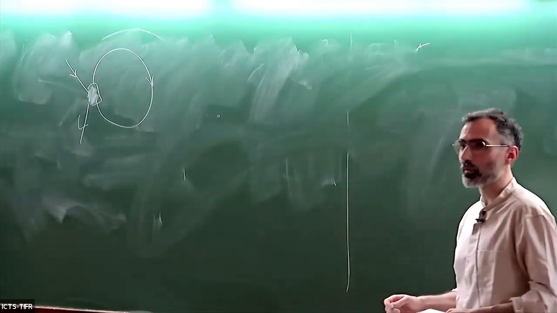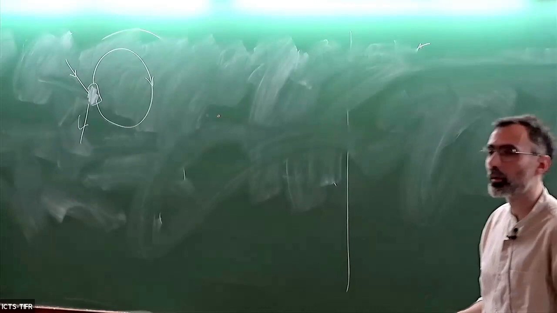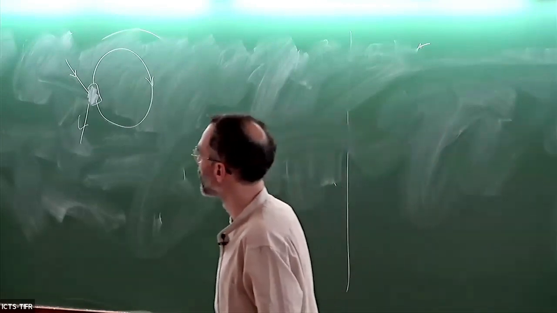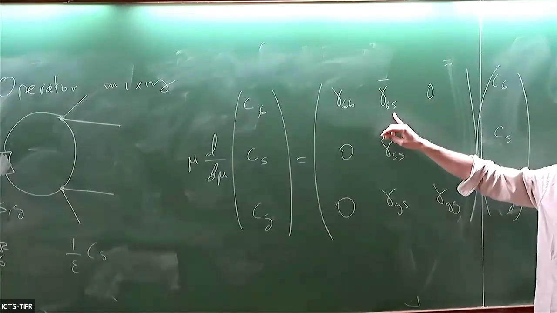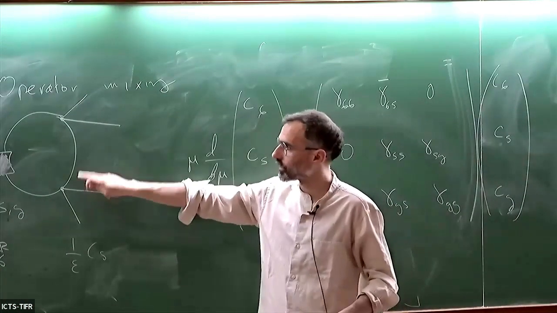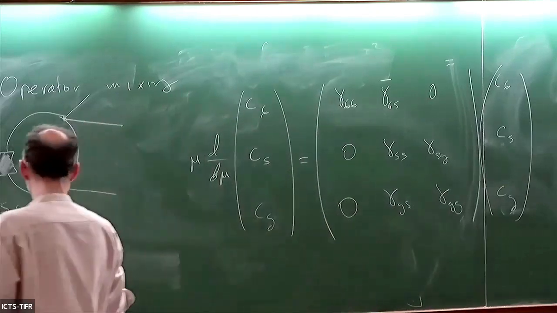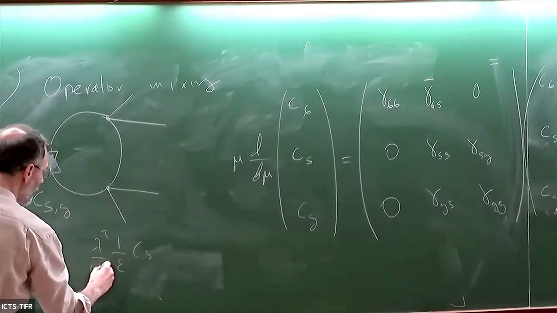What is this going to affect, you think? Yeah, so this entry will be proportional to lambda squared, because there's 2 lambdas in here. So I didn't put it in there. It will be, you know, lambda squared over 4 pi.